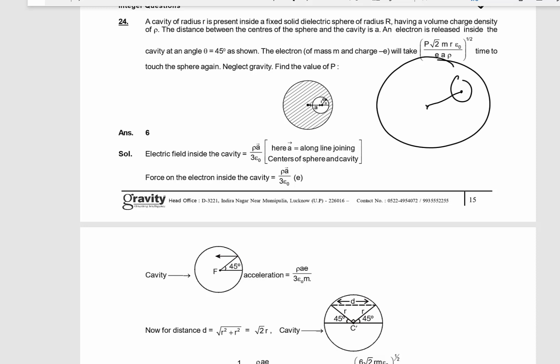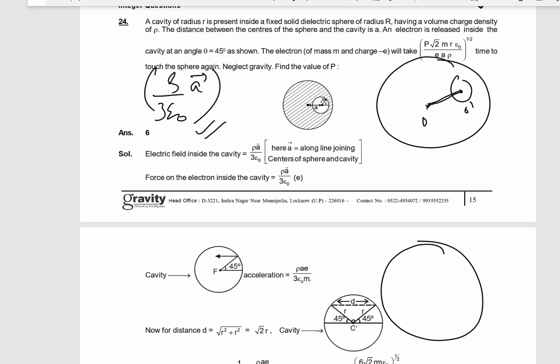The field is along the direction joining the centers O and O dash, and the field will be equal to sigma by 3 epsilon naught into R bar, or A bar, that is the vector joining these two points. This is for charge; if the same thing was gravitation, we would have to take it in the opposite direction. Anyway, we have this field in the direction of O dash, or along A bar as from the diagram.